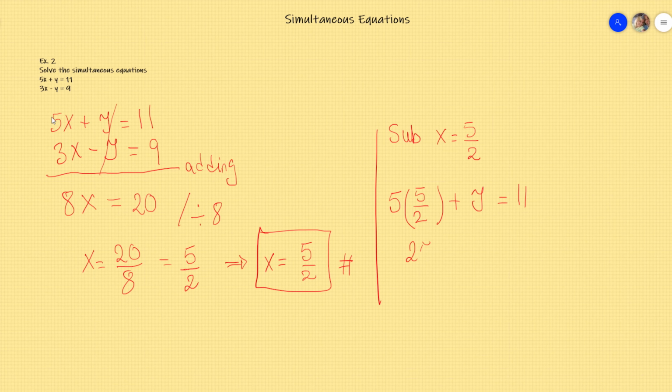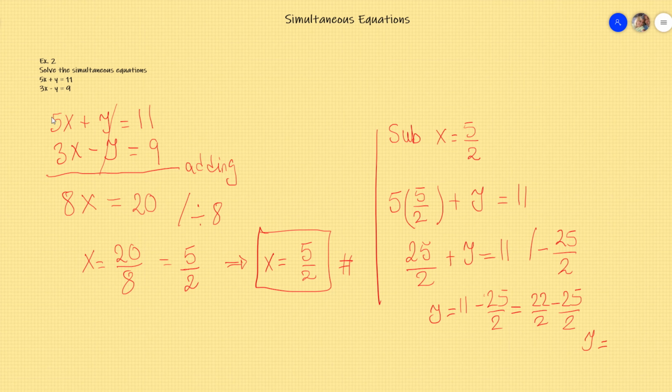So 25 over 2 plus y equal 11. By subtracting 25 over 2 from both sides, we will get that y is equal 11 minus 25 over 2, or it's equal 22 over 2 minus 25 over 2. So we will get that y is equal negative 3 over 2.